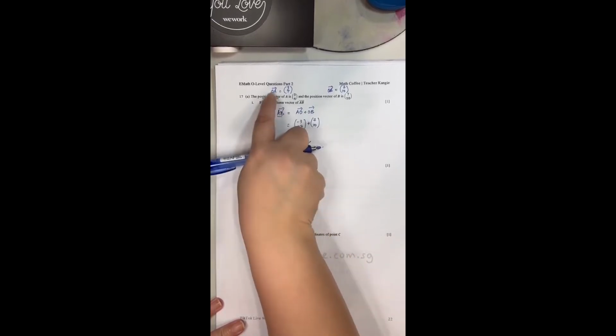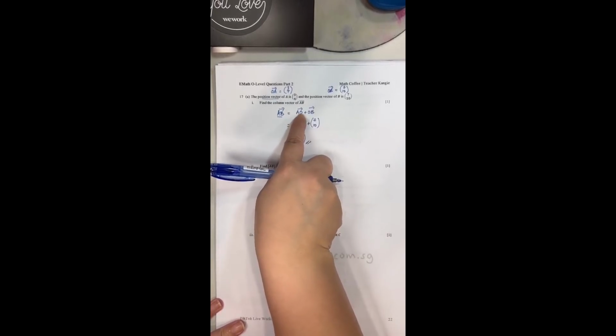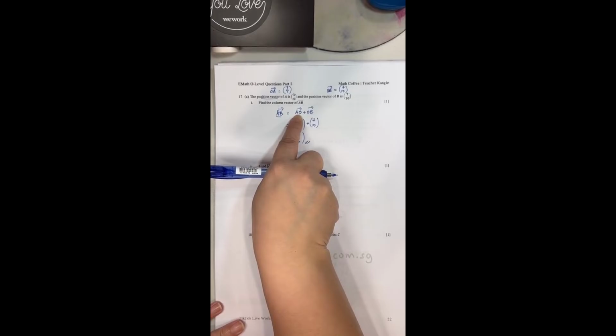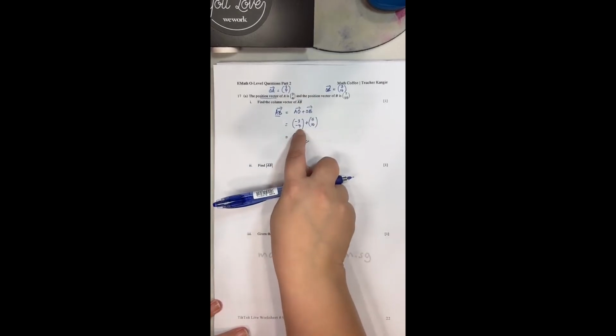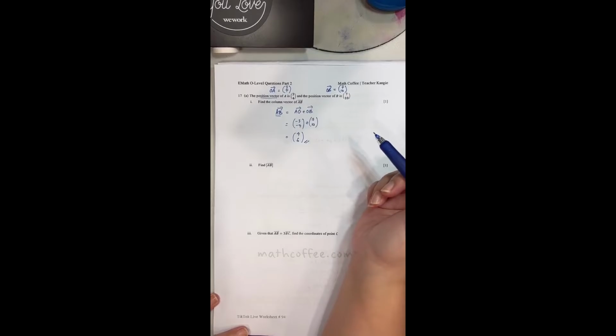This is AO because OA is 3, 4. You see this alphabet is flipped, right? OA, this is AO. So it's just times negative, changing direction.